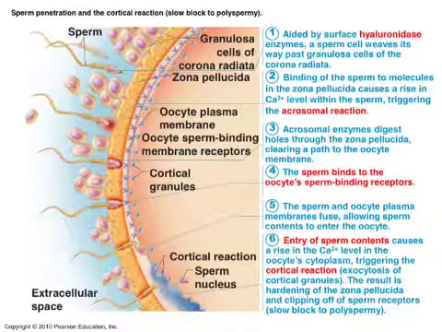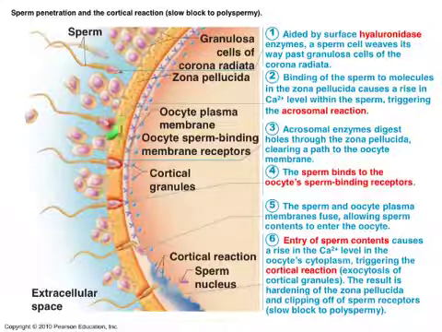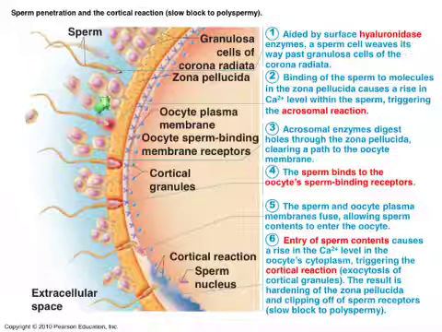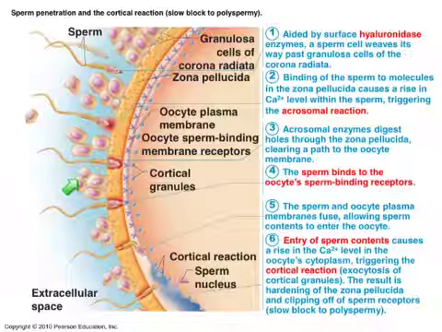Now, there are multiple steps in the process of fertilization, and this slide walks you through each of those steps. You have the oocyte here, you have the zona pellucida here, and you have the corona radiata here. So first, the sperm cell needs to get past the corona radiata.